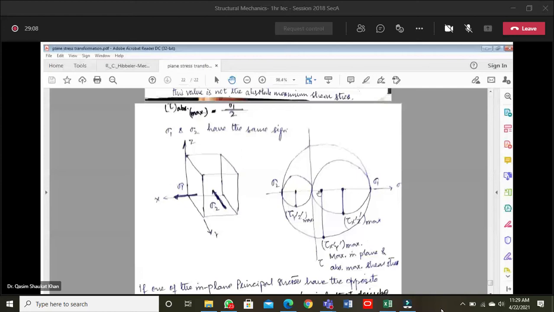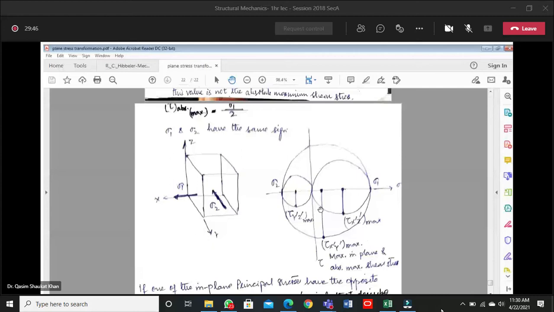Sigma 1 and sigma 2 have opposite signs. You can see sigma 1 is positive, sigma 2 is compressive, negative. So in this case, your absolute maximum shear stress and your maximum in-plane shear stress are both the same, and the magnitude of this is sigma 1 minus sigma 2 over 2.